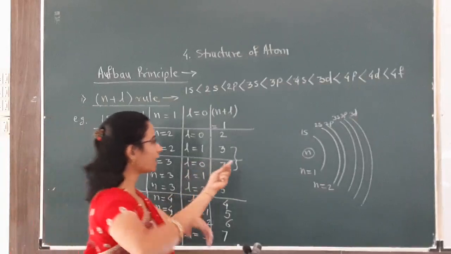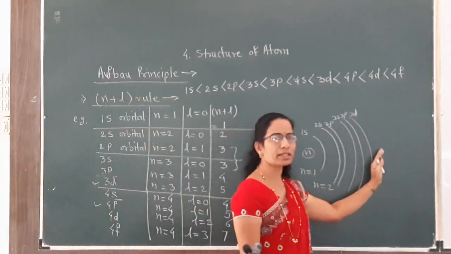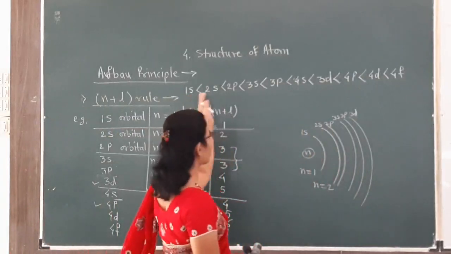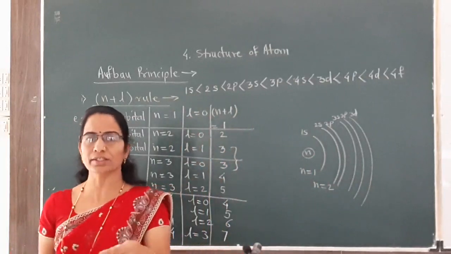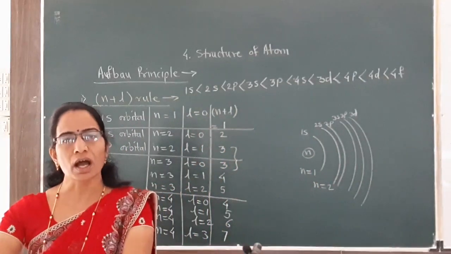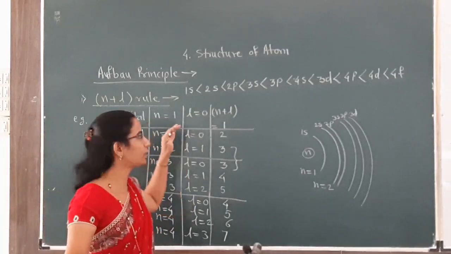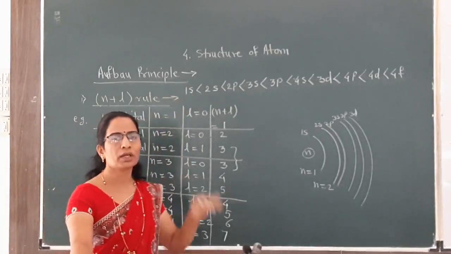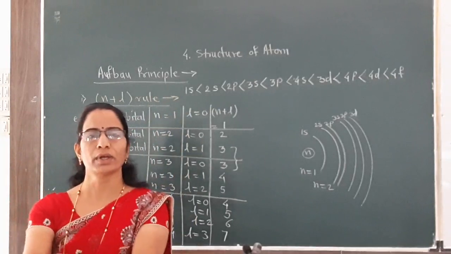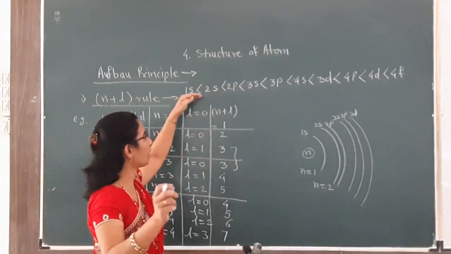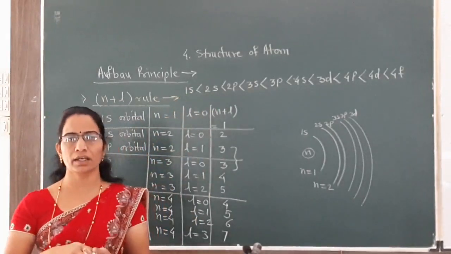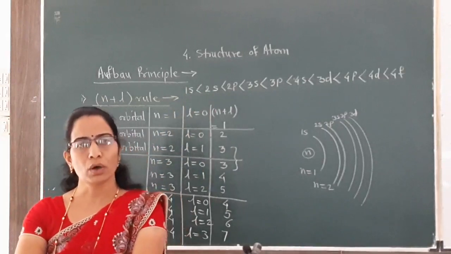In an atom these orbitals are distributed in this manner according to their increasing order of energies, and the electrons are also distributed in these orbitals on the basis of their increasing order of energies. So you have to remember this increasing energy order of the orbitals.